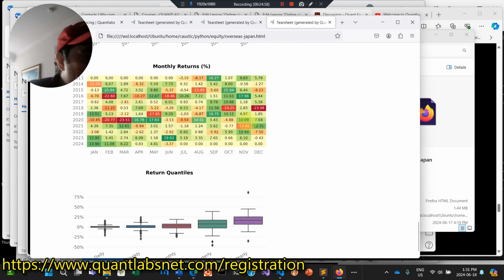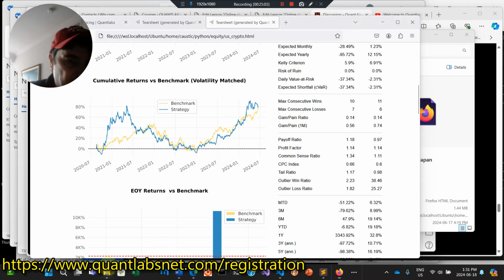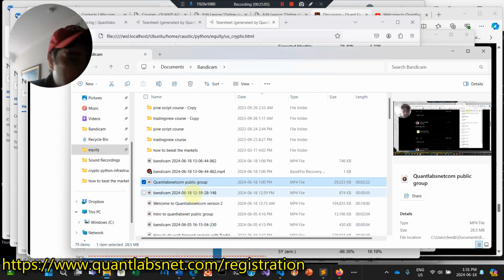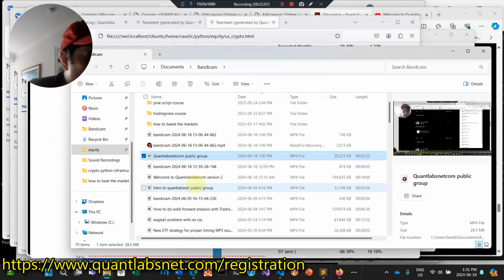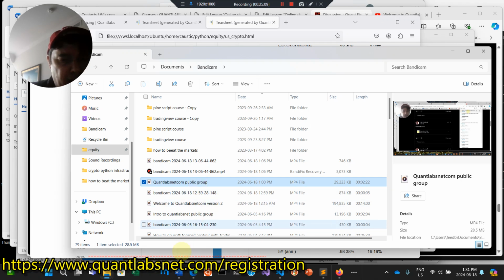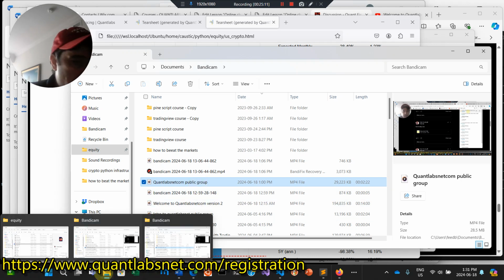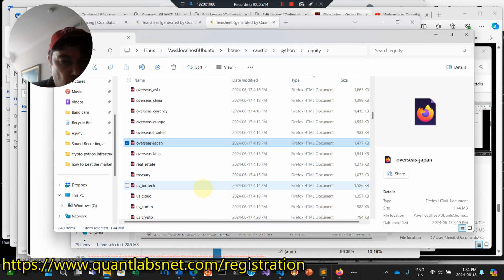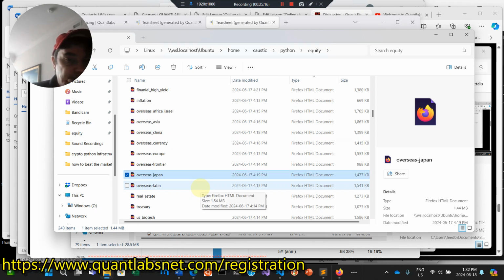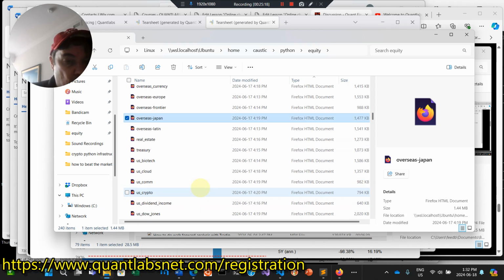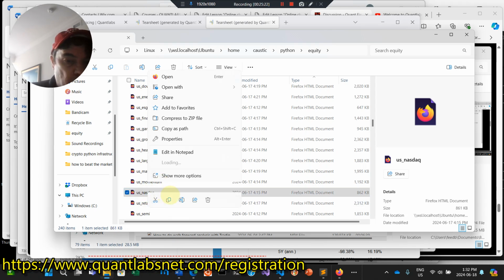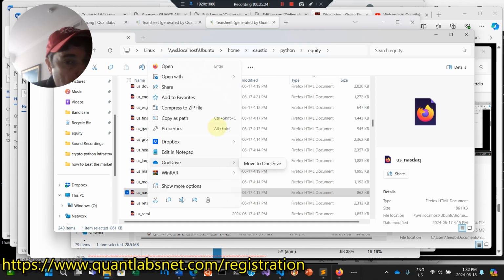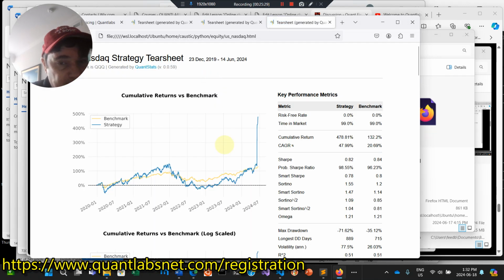But again, right here are your monthly returns. You want lots of green and darker green in that chart. So let me just show you one that's been pretty good. And this is where the wealth is being created, true wealth. So in here, let me show you a US one, maybe the NASDAQ might be a good one. Yeah, right here. So again, we're using QQQ, which is tied back to the performance of NASDAQ itself.